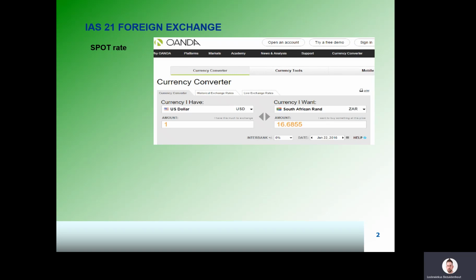So on the 22nd of January 2016, the exchange rate from the dollar to the rand was 16.68. At the moment, the rand is about 14.17, somewhere there. So this is the exchange rate. All right, so we have a euro rate, a dollar rate, a pound rate, and any currency in the world can be converted from that foreign currency to rands.